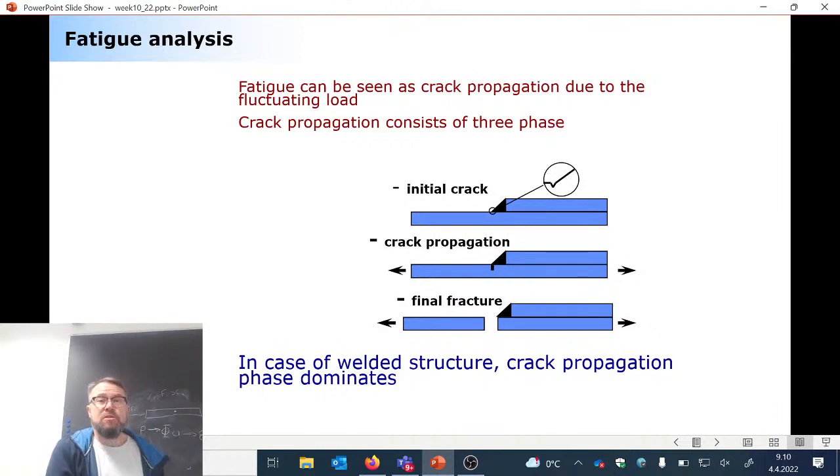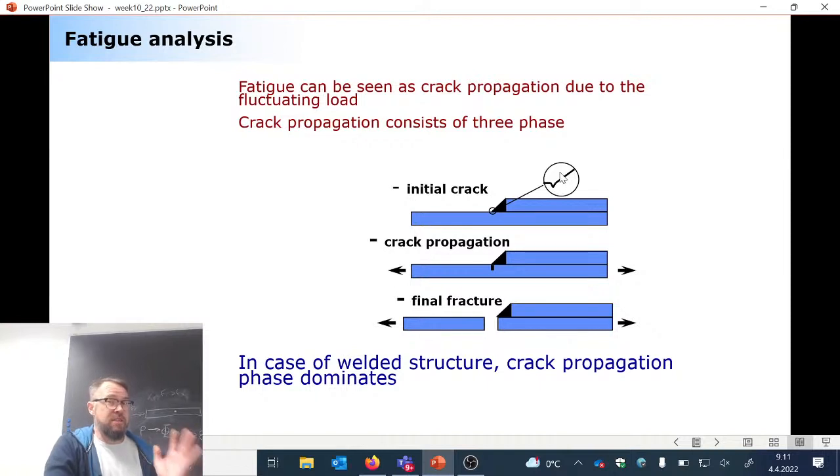Of course you don't see them, but if you take a microscopic, very close look at a weld toe, where here is one plate, another plate, and these two plates are welded together here, you can see that every now and then there's a small, unpleasant crack here, which serves as an initial crack.